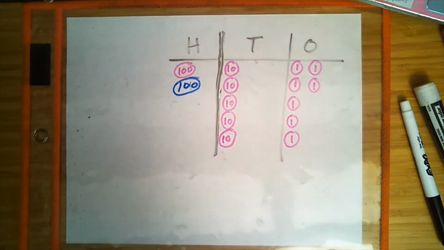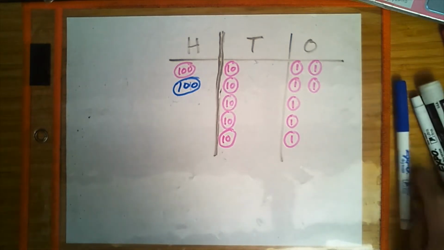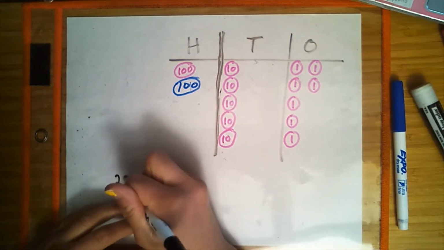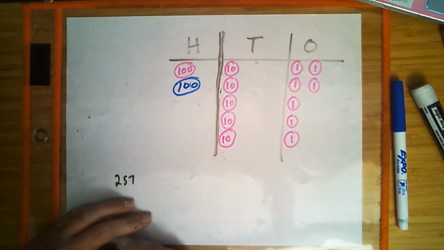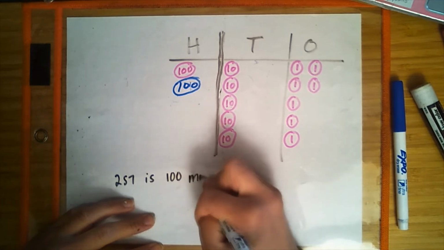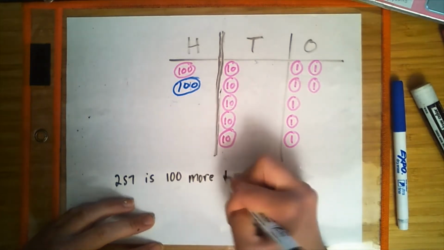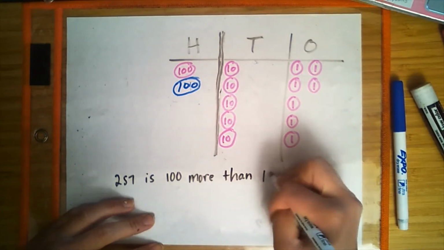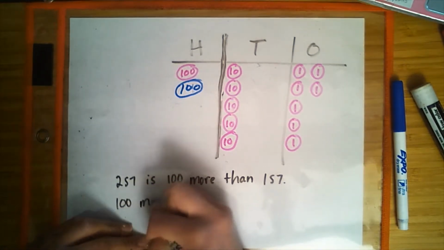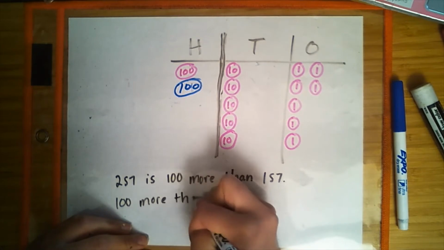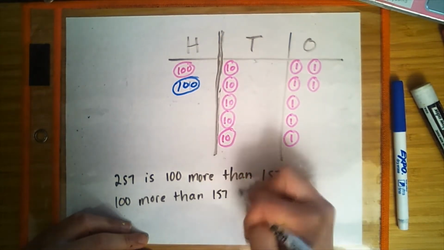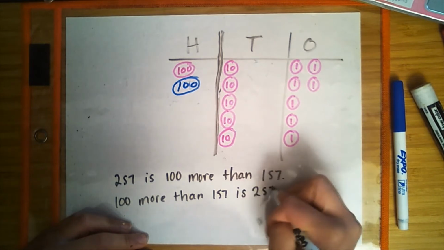Now, let's use a sentence frame to describe adding 100 to 157. 257 is 100 more than 157. 100 more than 157 is 257.